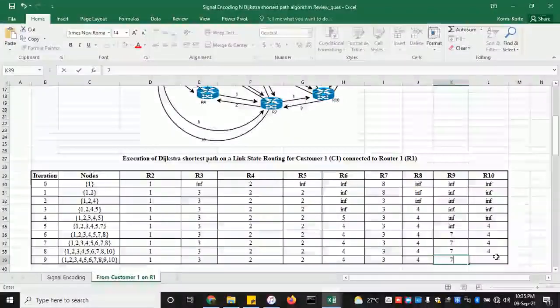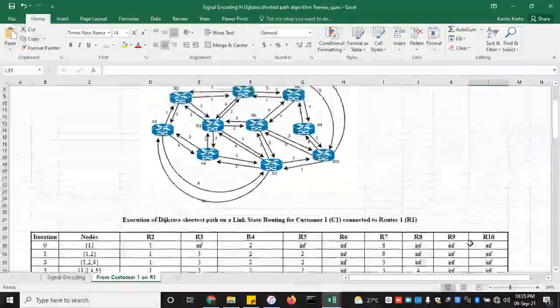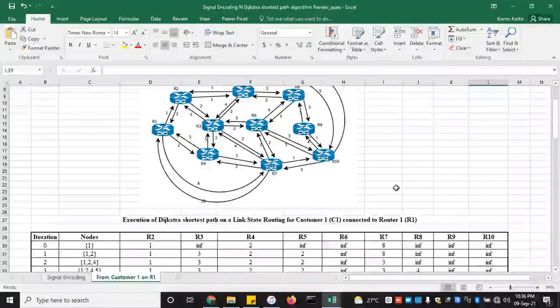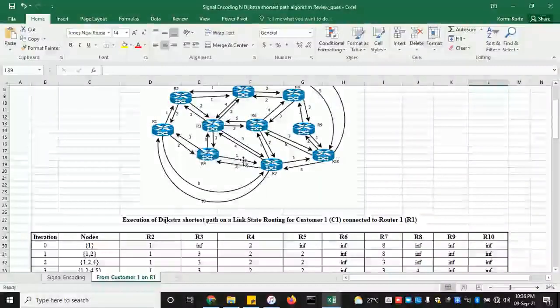And finally, 10 will still be 4, which is from this path. 2 plus 1, 3. 3 plus 1, 4.